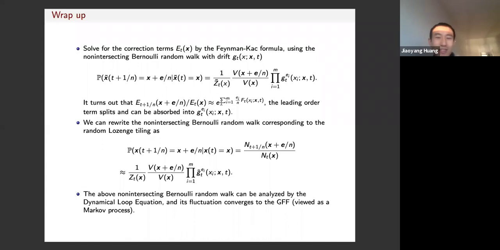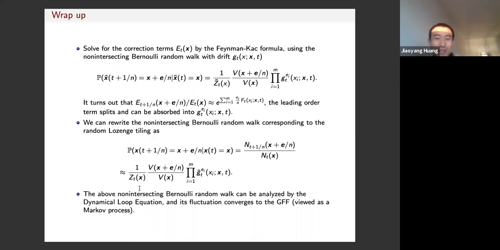The leading term is e to the sum over ei over n f_t at xi. So because of this split, our non-intersecting Bernoulli random walk, which corresponds to the random Lozenge tiling, has transition probability this one times this one. So you can absorb this f_t(xi) back into g_t(xi). Then you get this non-intersecting random walk.